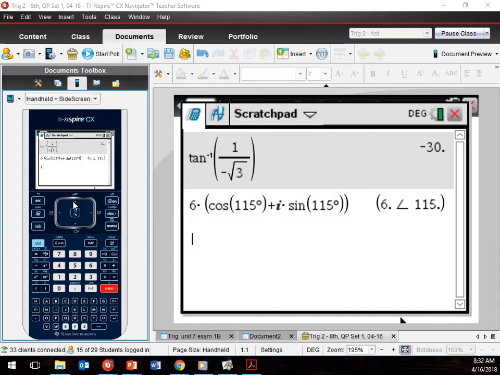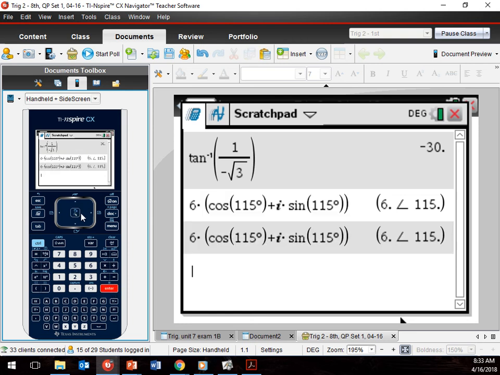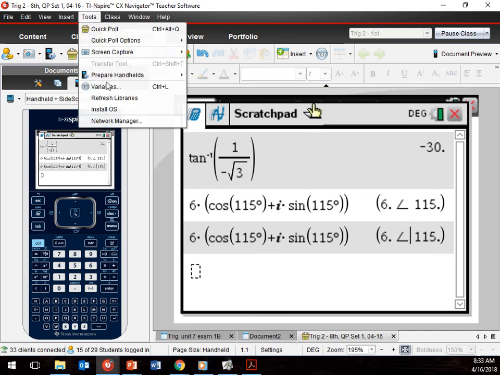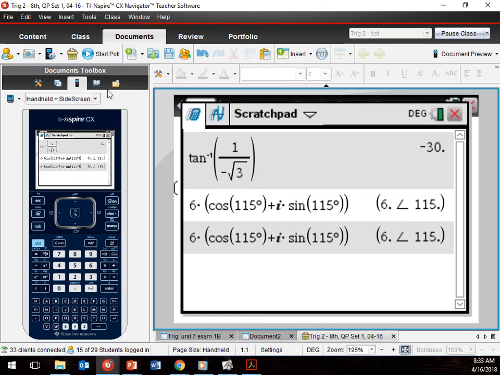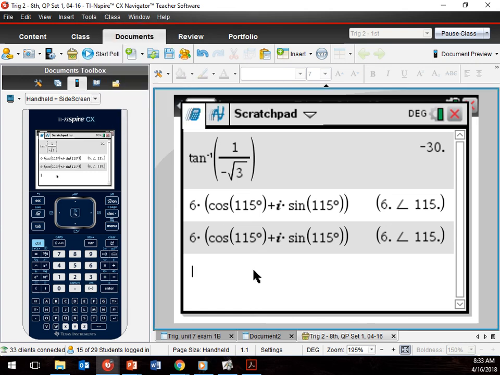Now try typing that again. What'd you guys get? I got negative 2.5, a lot of numbers, plus 5.3, a lot of numbers. Yeah, that's what you're supposed to get. I think it's because instead of polar, do rectangular.